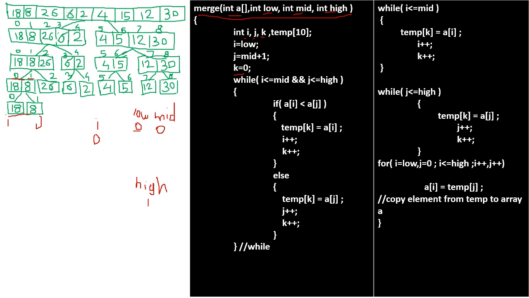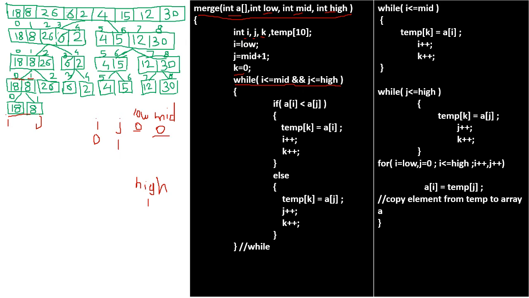Before that, check this condition: i is less than or equal to mid and j is less than or equal to high. Check whether the i value is 0 and the j value is 1. Then check whether i is less than or equal to mid.